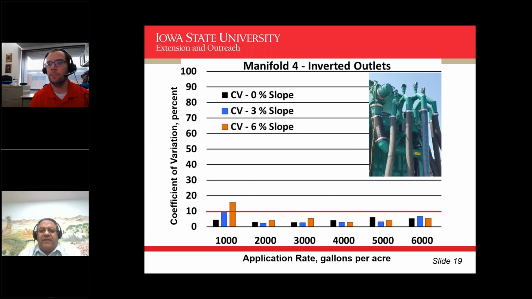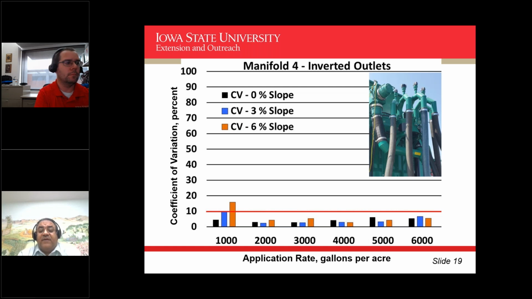The next one we tested is a manifold where the outlets are actually inverted. The manure enters the manifold from the bottom, it's a drum, and the outlets are on top of the drum, so the manure has to rise up into these outlets and then discharge down into the tubes, and these tubes are then connected down onto the toolbar points.